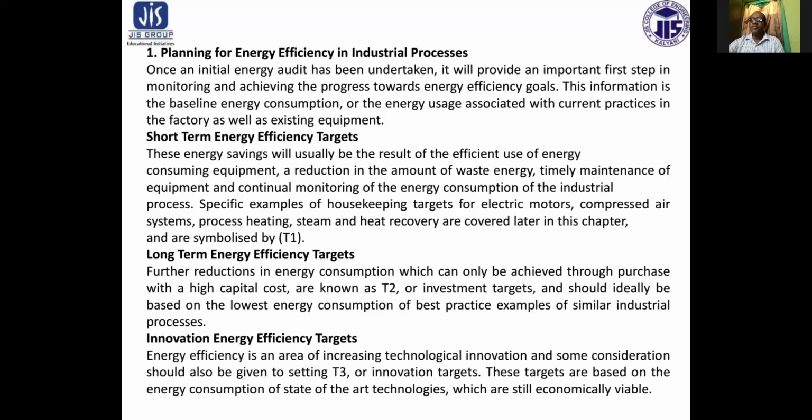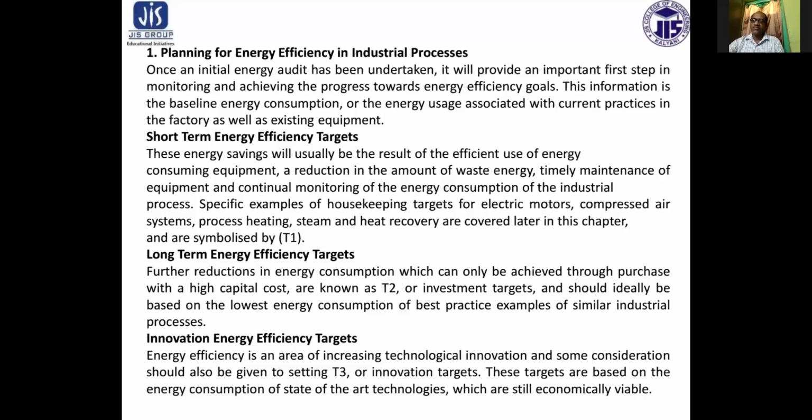Short-term energy efficiency targets can be achieved in the short term as a result of streamlined operations of the plant, and are known as T1 or housekeeping targets.